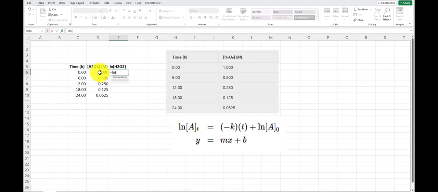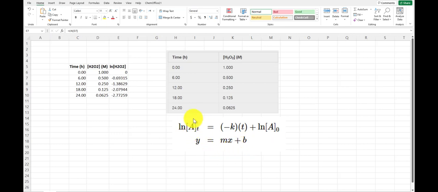In this case, I want to take the natural log of that particular cell. I'm going to close the parentheses, click enter, and that is going to return my value. The great benefit of spreadsheet computations is now I can just drag this list down by holding that bottom corner, and that is going to automatically, you can see, populate and compute based on the adjacent value that it's calling upon. So now we have this in the form that we need.